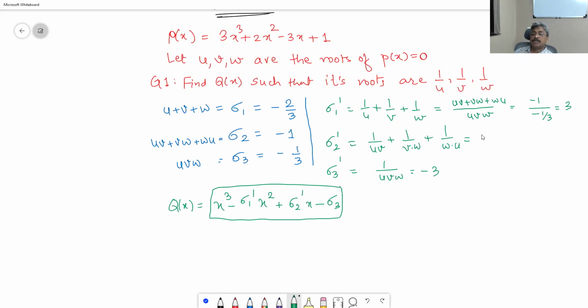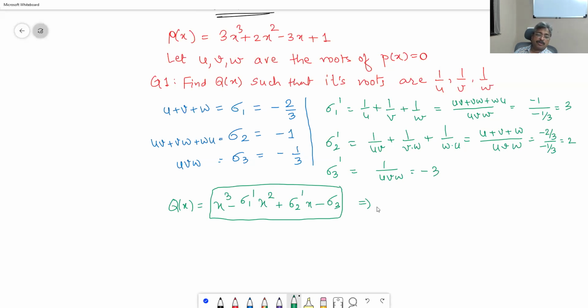And then this is also simple, u plus v plus w divided by uvw. Is that right? Which is equal to minus 2 by 3 divided by minus 1 by 3, which is 2.